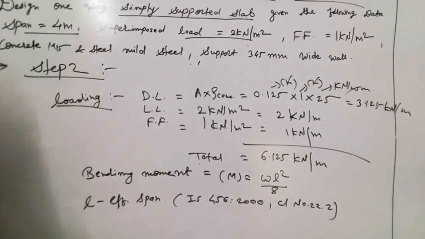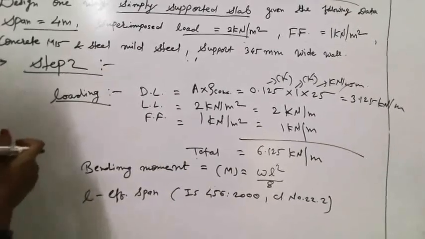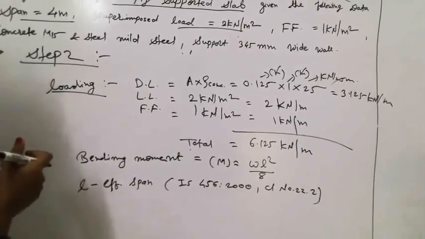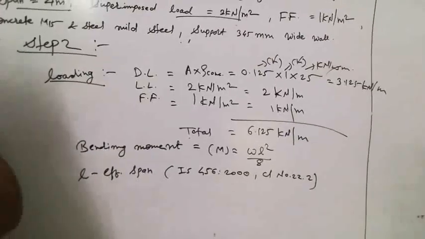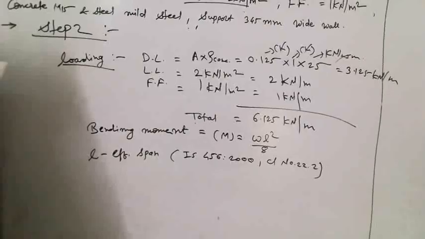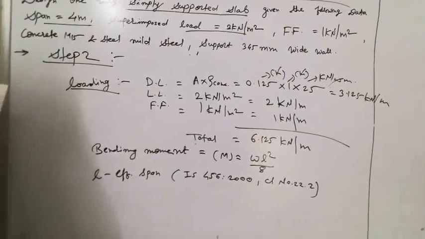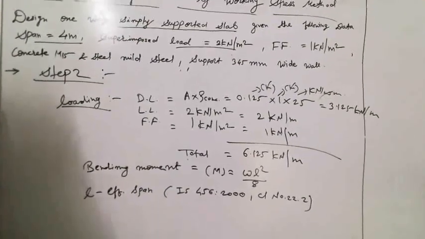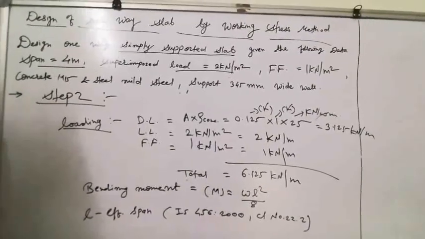The effective span of a member that is not built integrally with its support shall be taken as the lesser of the following two. First, clear span plus effective depth of the slab, and second, center to center of supports, whichever is less.